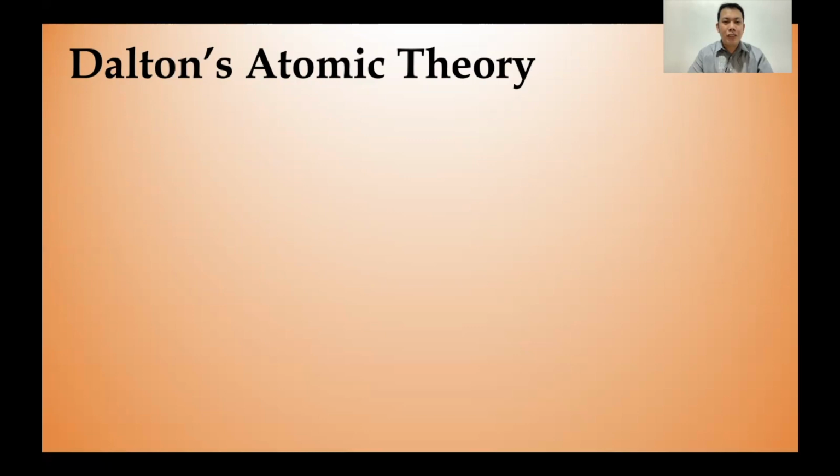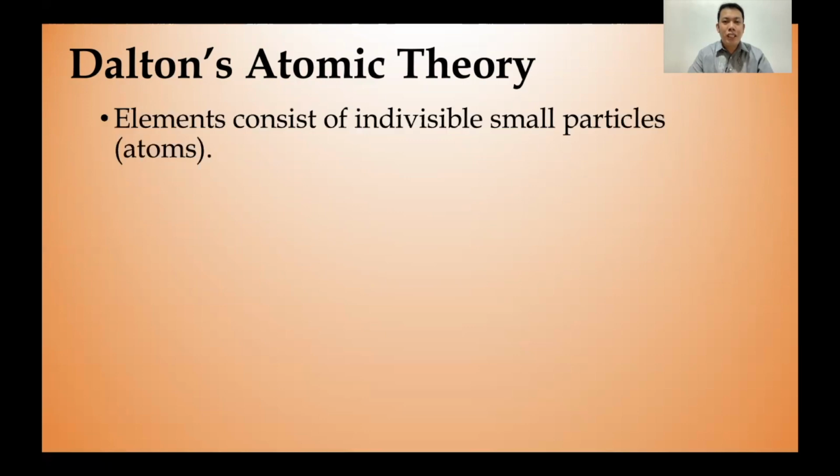So what are they? First, elements consist of indivisible or small particles known as atoms. Many years before John Dalton, there was a philosopher named Democritus who said that there will come a time when a certain matter can no longer be cut or is considered indivisible.